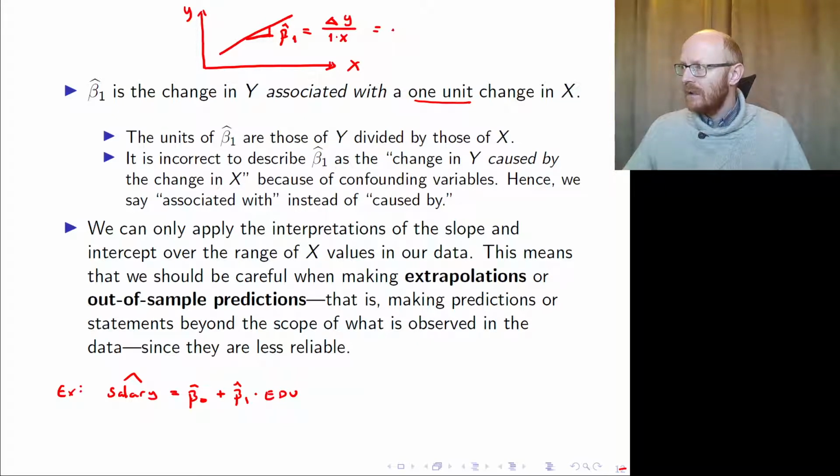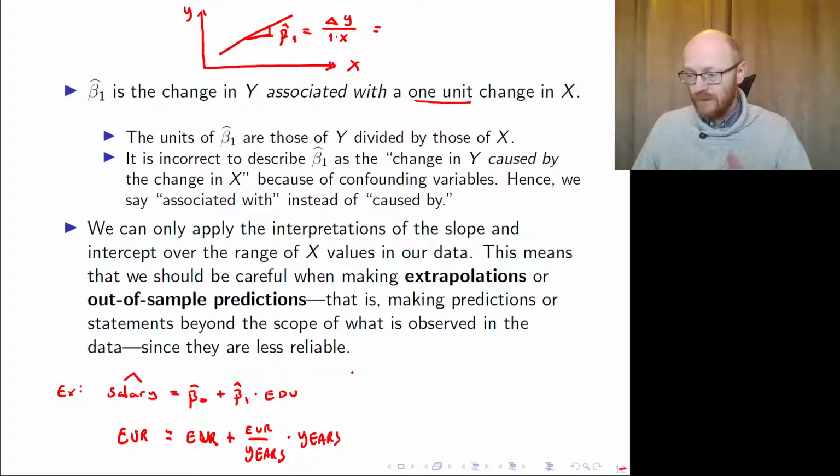So what you have is salary in euros equals beta naught hat in euros, plus beta 1 hat, the slope, which would be euros divided by years, times years.